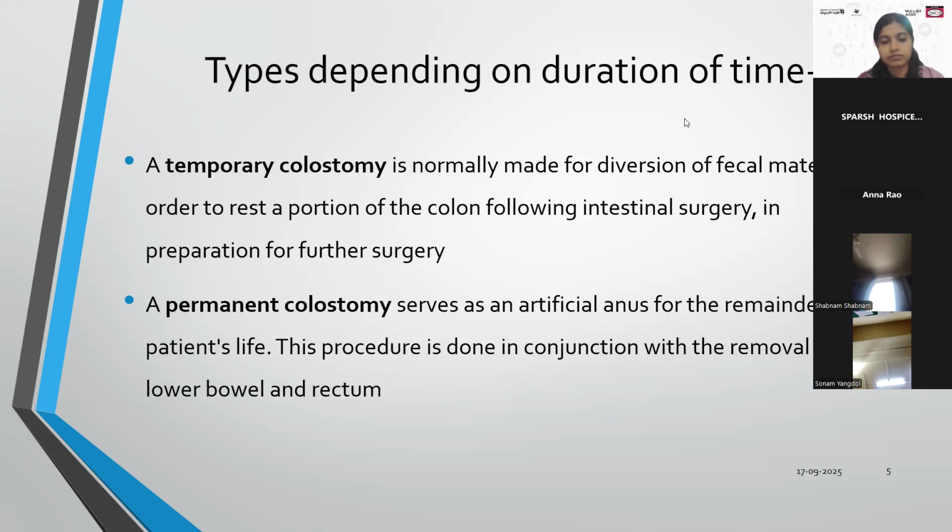The loop of bowel is pulled out onto the abdomen and held in place with an external device. One part is for the release of the stool, and another one is for removing the mucus. The bowel is then sutured to the abdomen and two openings are created in one stoma. So it will be quite large in nature.